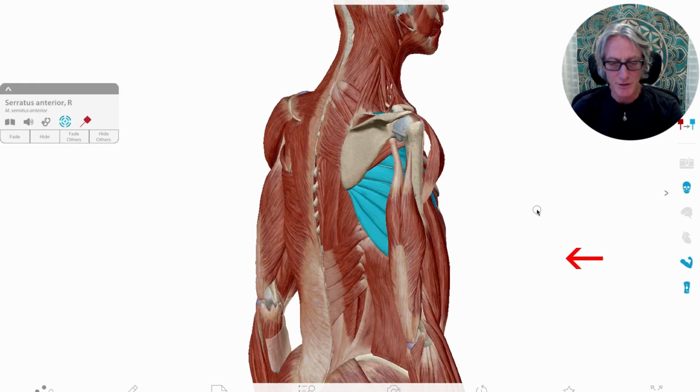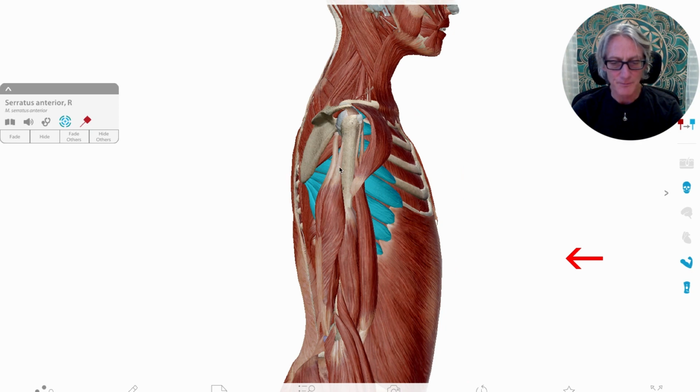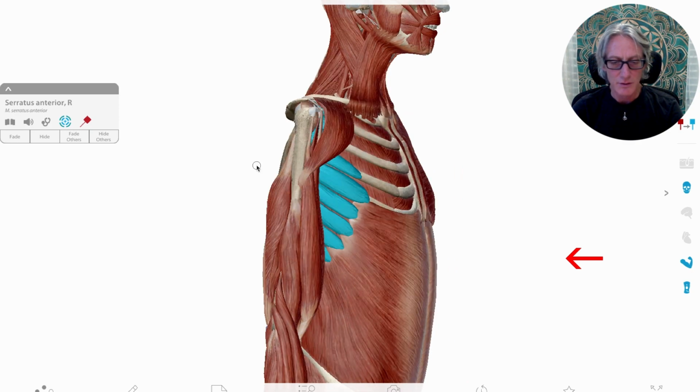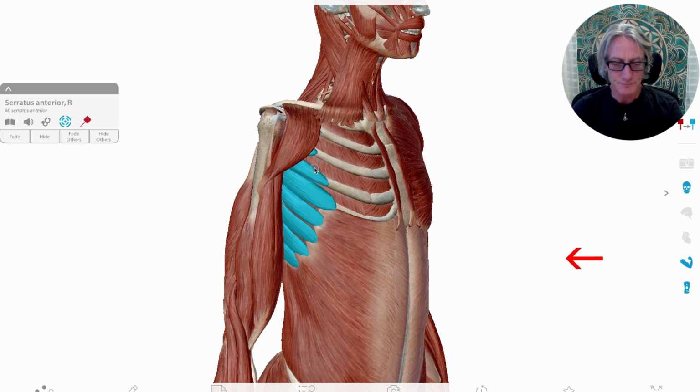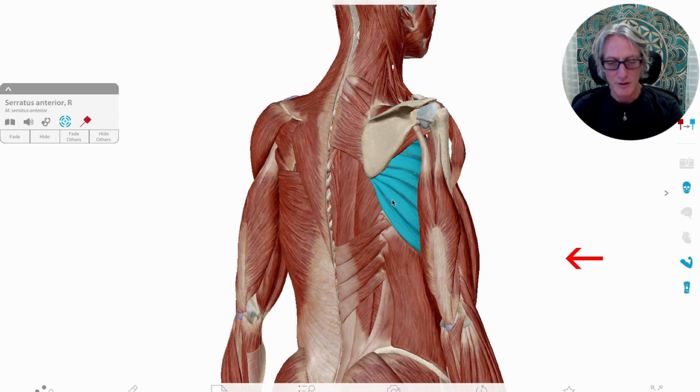The serratus anterior connects on the front of the scapula along the medial border. It goes underneath the scapula along the medial border here, and then it wraps around all the way to the rib cage. So when these muscles contract, the scapula will protract or abduct, come forward along the ribs. Also, when these lower fibers contract, you're going to get the upward rotation of the scapula.